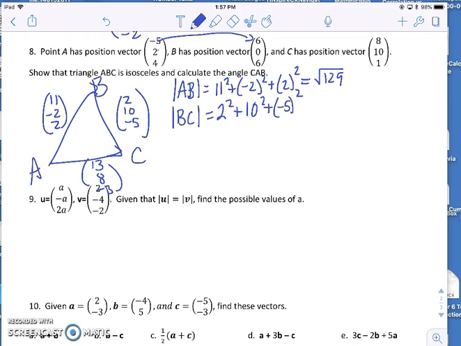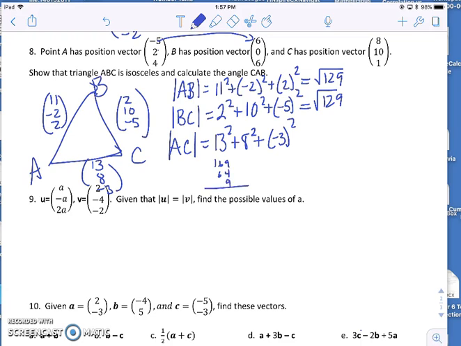So 125 plus 4, so there's 129 again. And A to C, 13 squared plus 8 squared plus negative 3 squared. So we have 169, 64, and 9. 2, 12, 14. So we have the square root of 242.